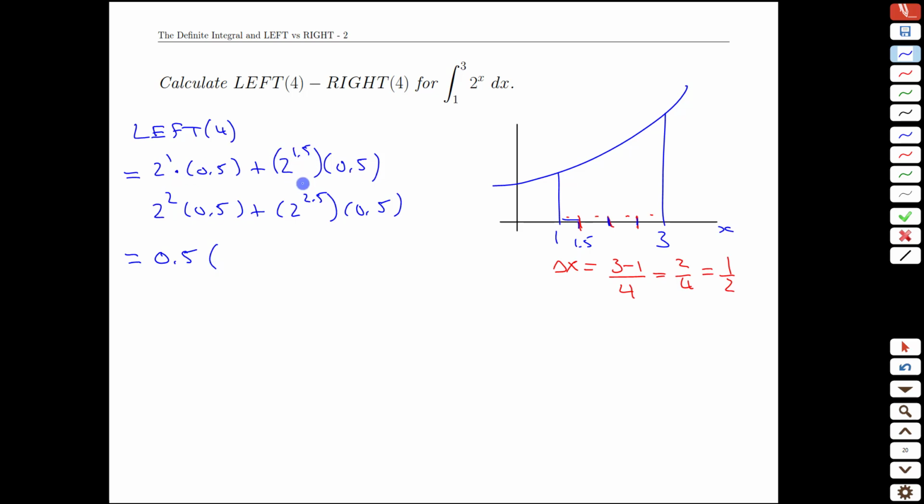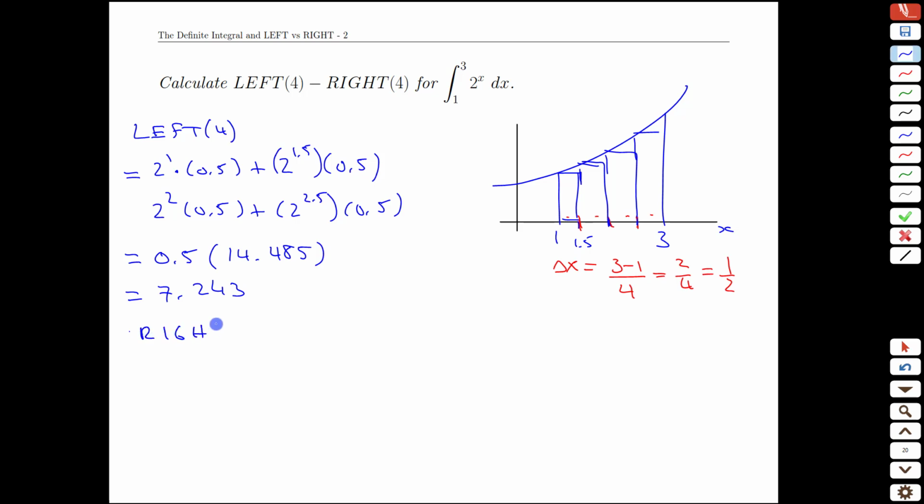These fractional exponents are a little more challenging. You can't really do those in your head. We end up with a value of around 14.485, and multiplying by 0.5, we get 7.243. So the left estimate that we could sketch out if we wanted to is a little low, but it's 7.243.